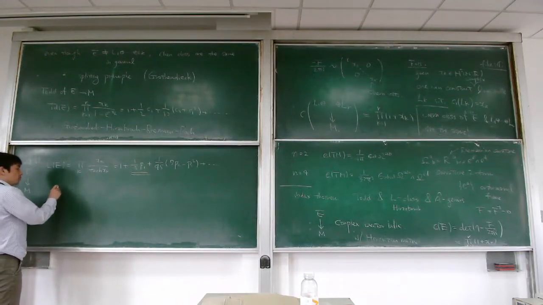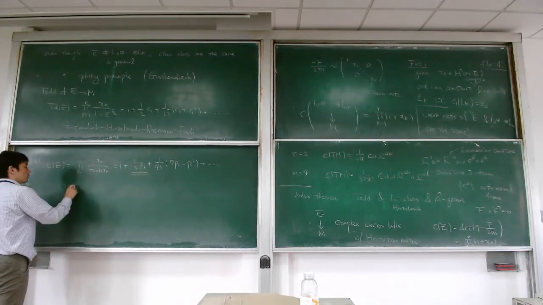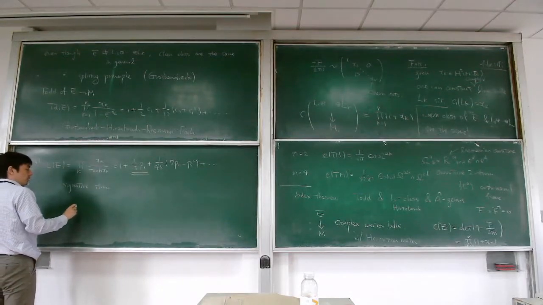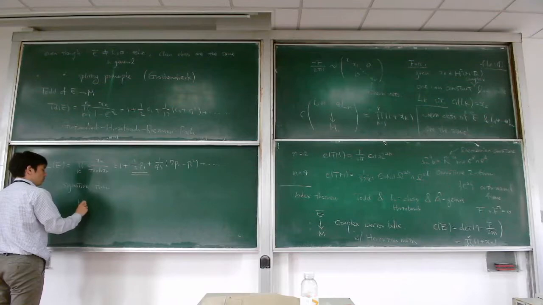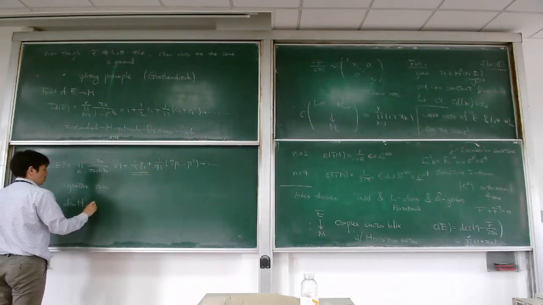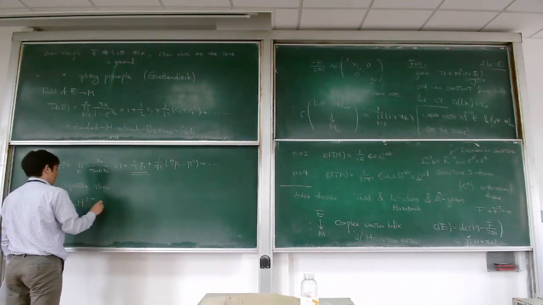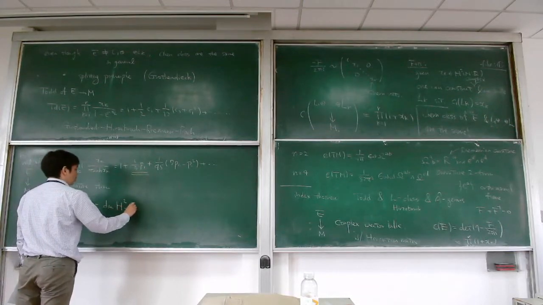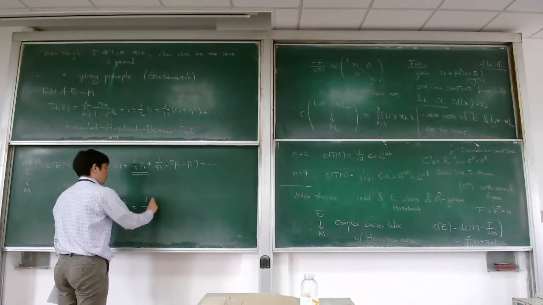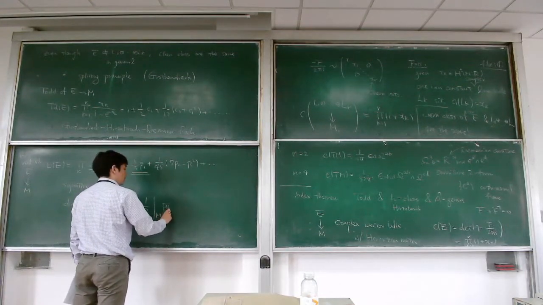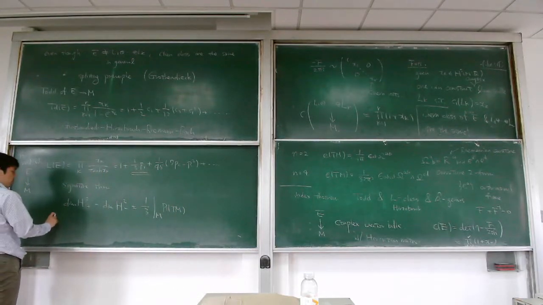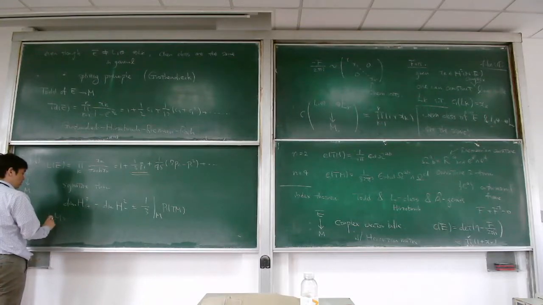Last time I explained the Hirzebruch signature theorem, which means that the dimension of H2 plus minus H2 minus is equal to 1/3 of the Pontryagin number of the tangent bundle, where the dimension of M is equal to 4.